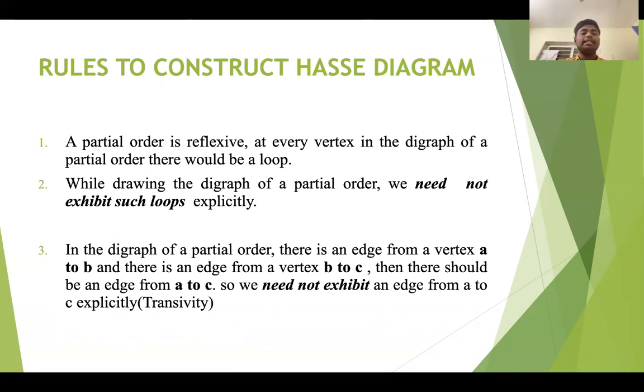In the diagram of a partial order, if there is an edge from a vertex a to b, and an edge from vertex b to c, then there should be an edge from a to c. So we need not exhibit an edge from a to c explicitly.